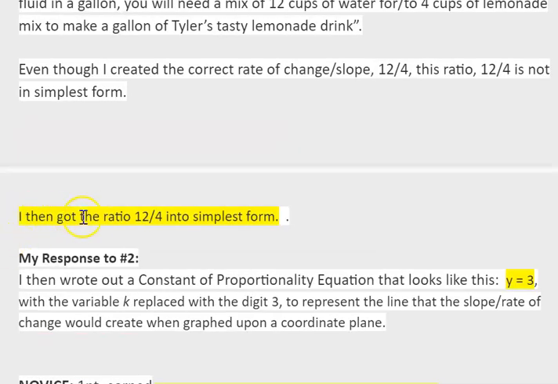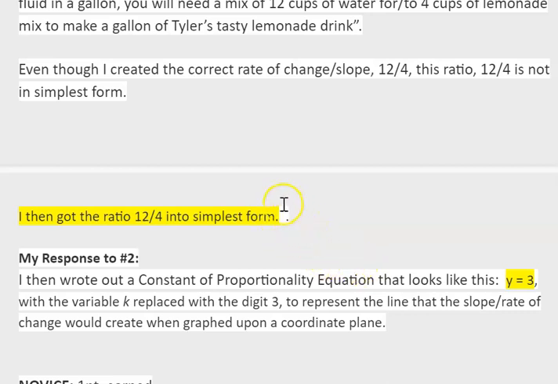Then they write, I then got the ratio 12/4 into simplest form. Why am I highlighting this? They never told me how they got it in simplest form. I mean, I can see the 3 down there, but now I've got to give them a phone call at home. Not going to happen, I'm just saying, it's a joke. I give them a phone call at home and say, hey, how'd you get that 3 all of a sudden?